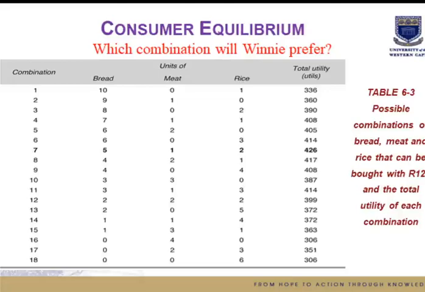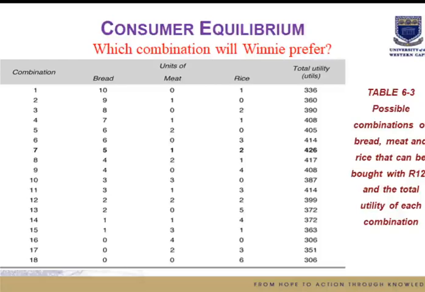From the table, we observe that the highest total utility that Winnie can receive is 426 utils from the consumption of combination number 7, where she consumes 5 units of bread, 1 unit of meat, and 2 units of rice. Remember, 5 units of bread cost 50 Rand, 1 unit of meat costs 30 Rand, and 2 units of rice will cost 40 Rand. Therefore, the total cost of the combination number 7 bundle is 120 Rand.